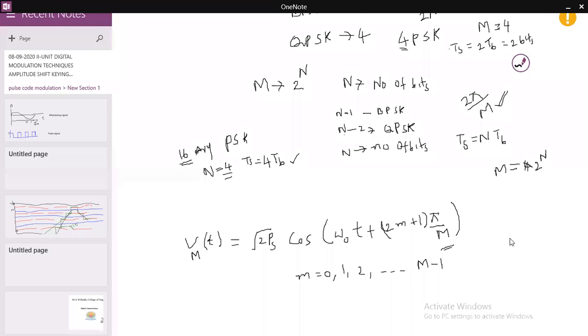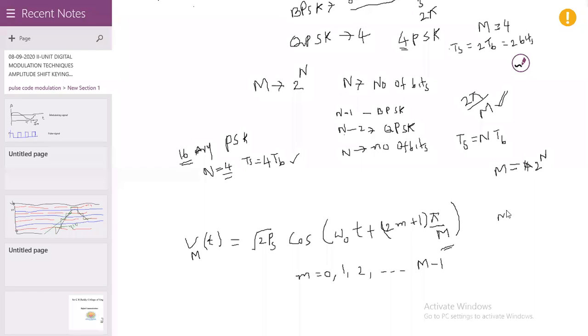Let us assume M is equal to 8. How will you write the equation? Small m is 0, 1, 2, 3 up to 7, pi by M, which is 8. Like that you can write. For example, I will write that one, V0 of t. Here M is equal to 8, so Vm of t.